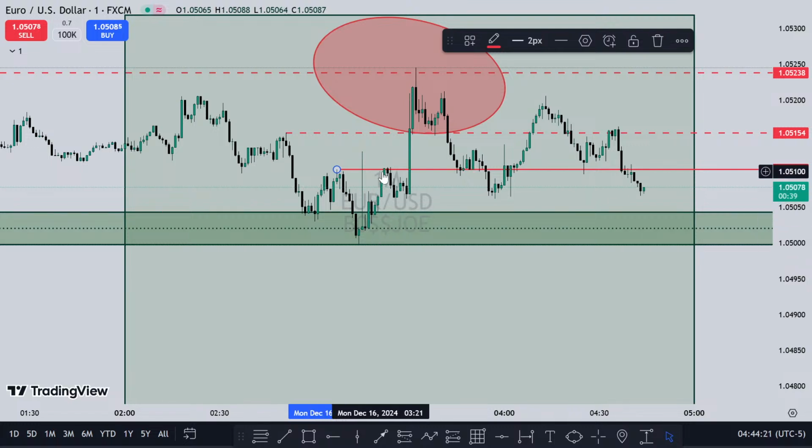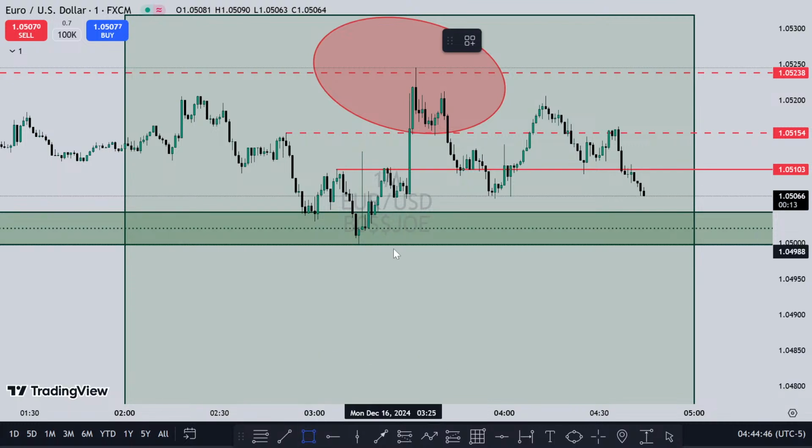Now if you watch closely, this green candlestick broke that high. Disregard this wick because I personally don't use the wick. So this candlestick broke the high. Once the candlestick broke the structure of the previous candle, we now look for a fair value gap in this 1 minute time frame.